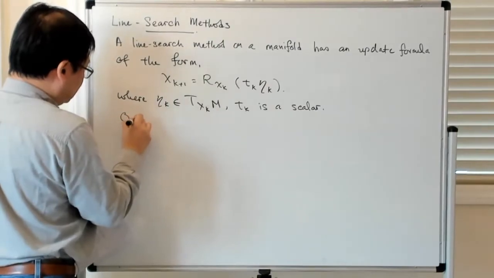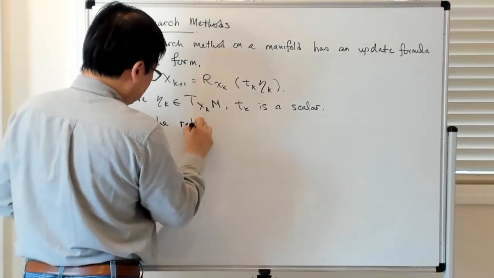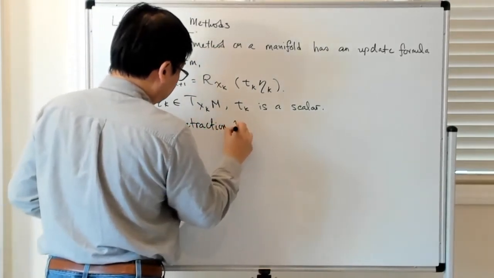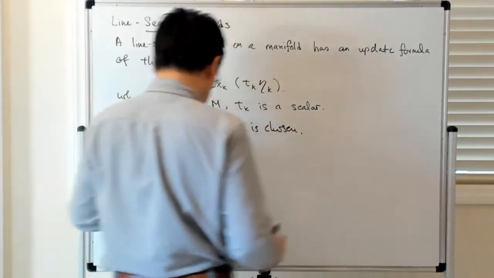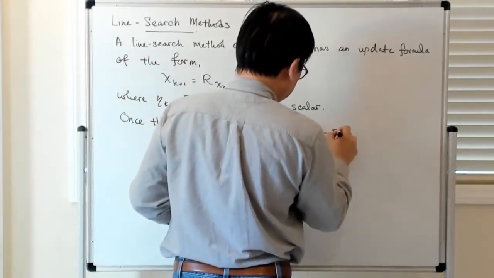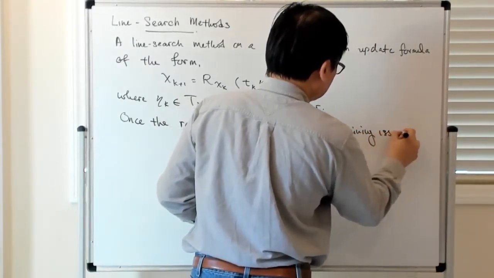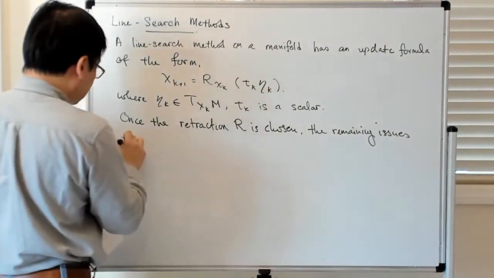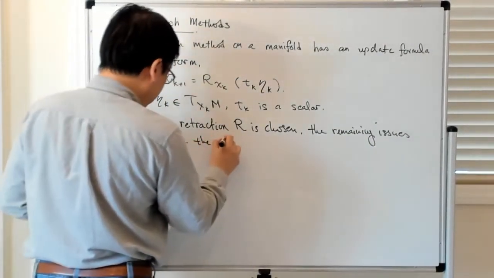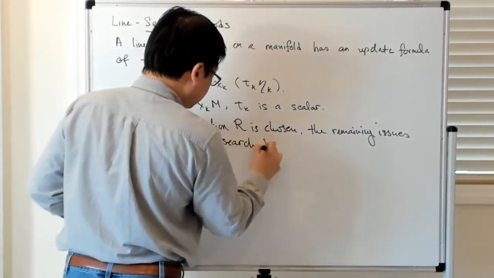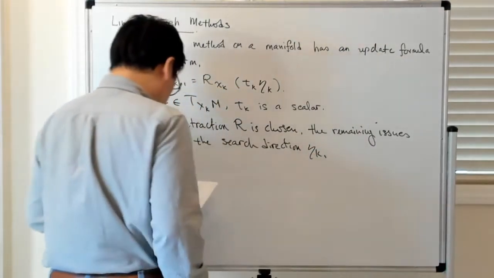Once the retraction is chosen, the remaining issues are to pick the search direction and the step size.